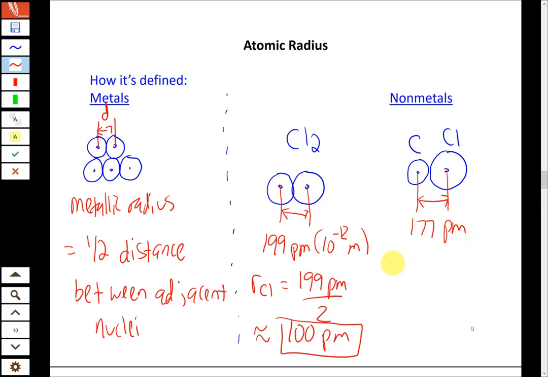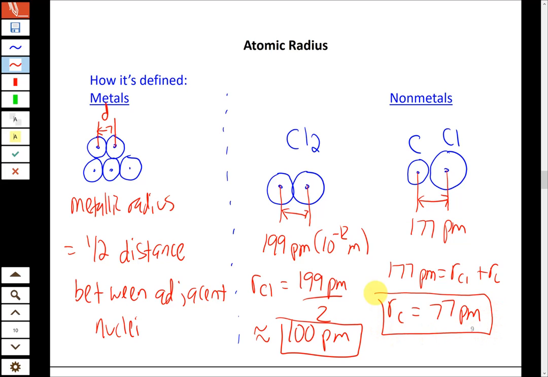And this distance would represent the sum of the atomic radii for chlorine and carbon. So we know chlorine from the measurement we did on chlorine itself, so then we can do a little bit of algebra and find that the radius for carbon comes out to 77 picometers. So it's 100 for chlorine, 77 for carbon. That places the distance between the two nuclei at the sum of those, which is 177. So that's just a little bit of background of how we determine those.